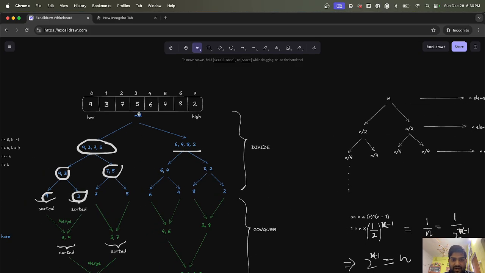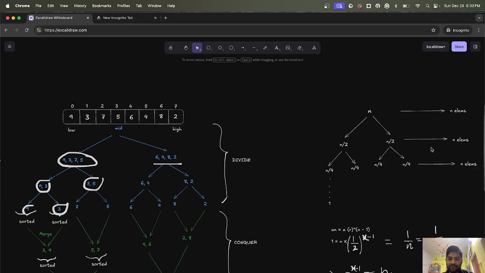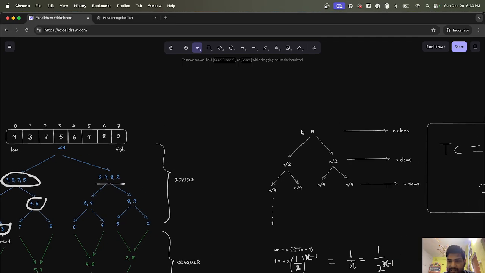Now, when we are dividing it, how many elements are there? N by 2 elements here, and n by 2 elements here, right? We have divided n into n by 2 and n by 2, correct? Again divide each into two subparts, so it will be n by 4, n by 4, n by 4, n by 4, correct? Now think of it as a level.